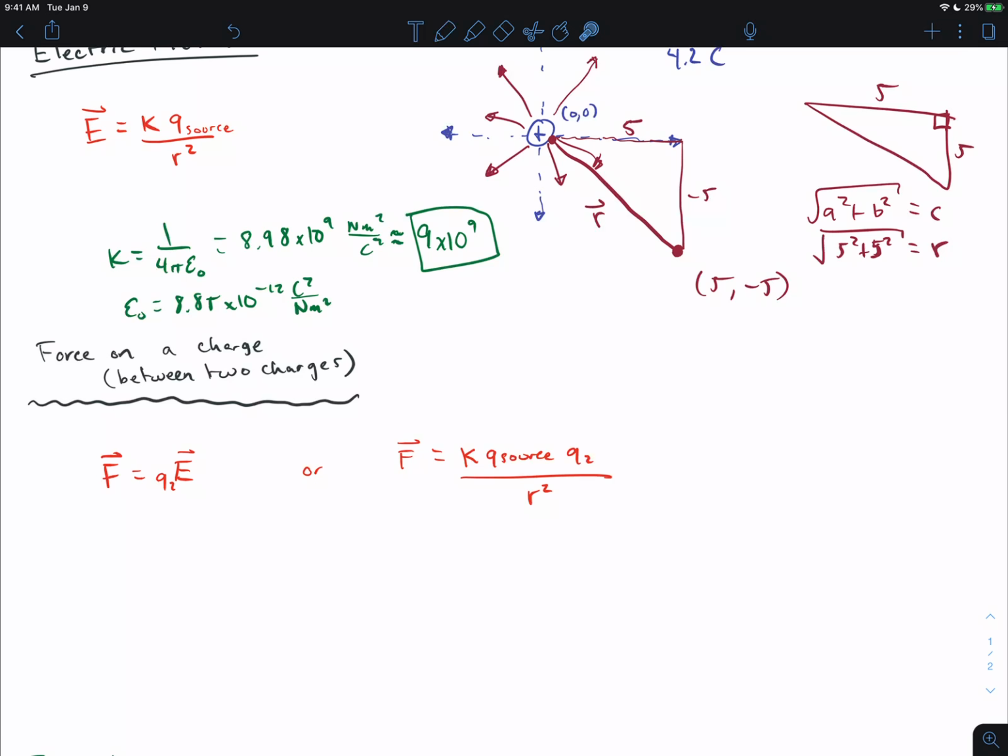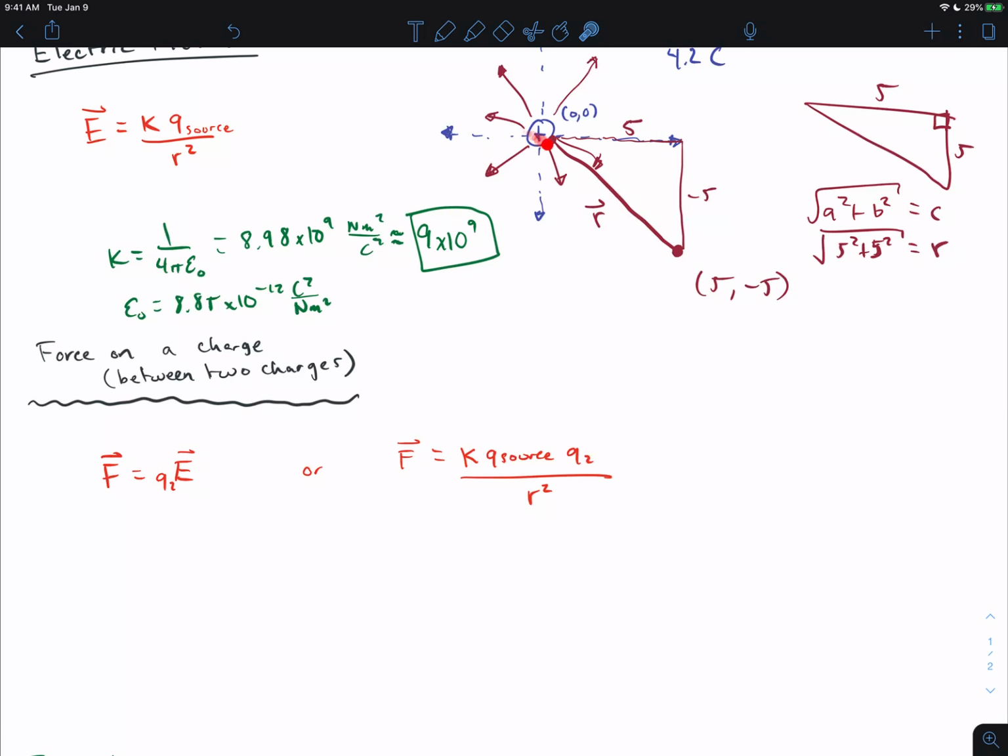You'll see it looks very similar to our electric field formula, except now I have another Q in here. But there's one more rule I want you to remember: for every action, there's an equal and opposite reaction. If the charge at the origin is pushing on a charge out here with, let's say, 1 Newton, then my Q2 is applying a 1 Newton force to the charge at the origin.